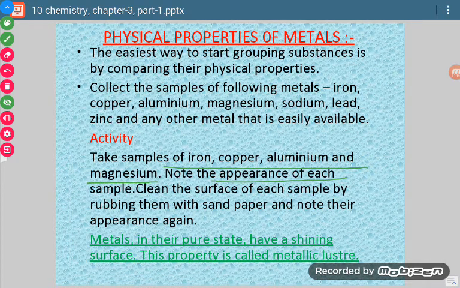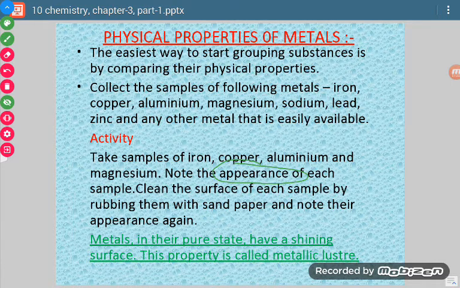will see their appearance. Sometimes some metals may have a certain layer on them because of the action of atmospheric factors, so that can be removed by rubbing with sandpaper. Now when we do so, we have to notice the appearance only.